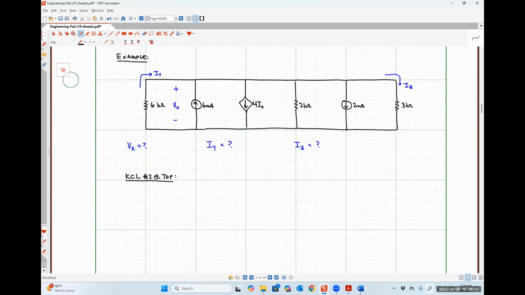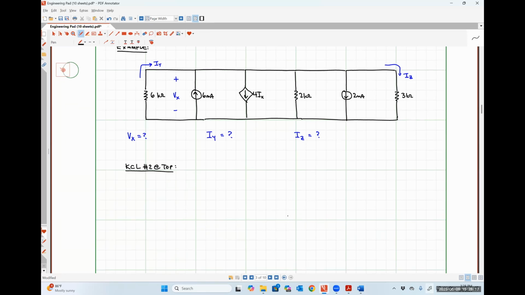Okay. So is that current Iy flowing into the top node or out of the top node? In. So it's going to get a plus sign. So we're going to have Iy. Is the 6 milliamp current source flowing into the top node or out of the top node?